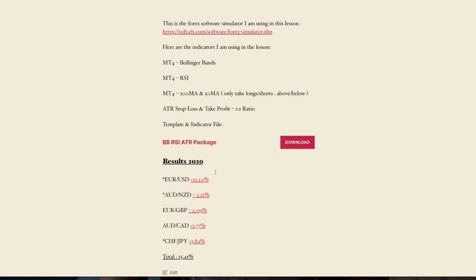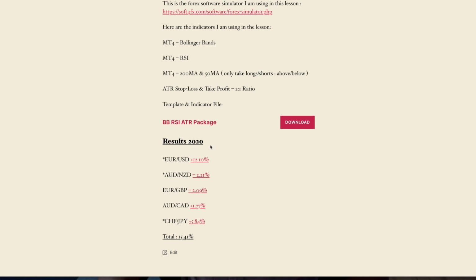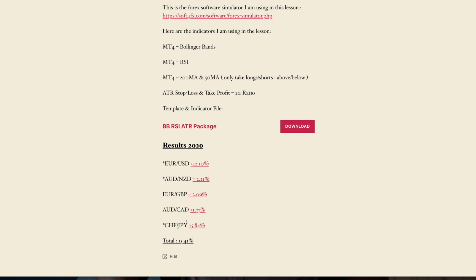Okay, so let's take a look at my results for 2020. 12%, very low drawdown too. This one we're minus on Australia and New Zealand, and we got some minus there, plus, whatever, plus 5% on the Swiss Japanese yen.